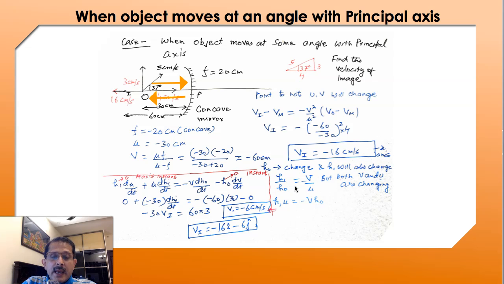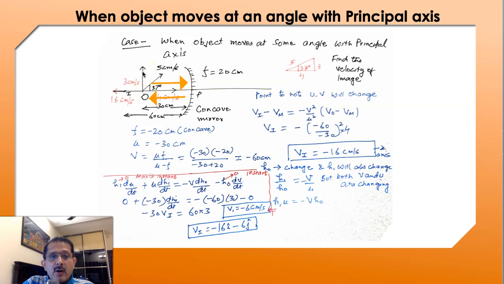The reason being, as I have stated here, v and u are changing, because the body is thrown in a slant fashion. So v and u are continuously changing. If it would have been thrown in this fashion, we would have used the formula.